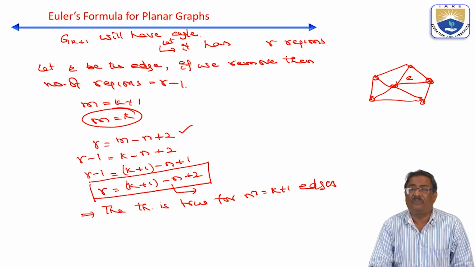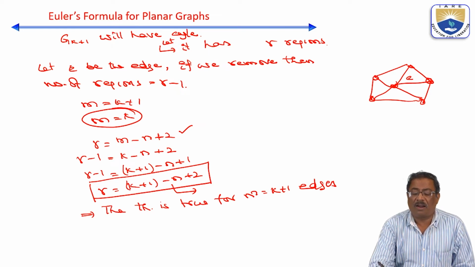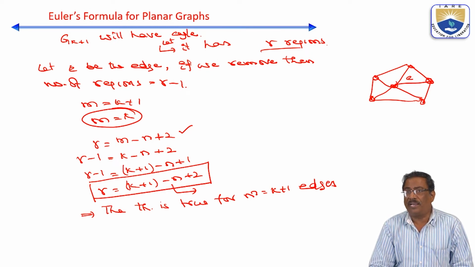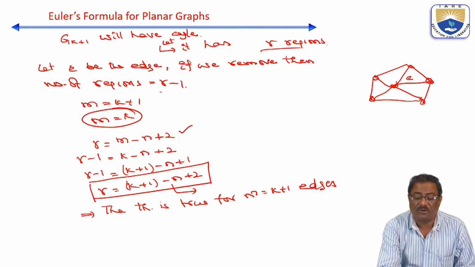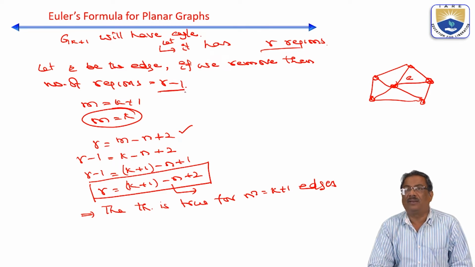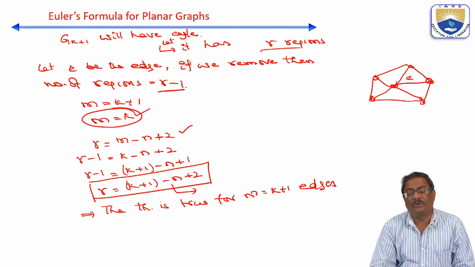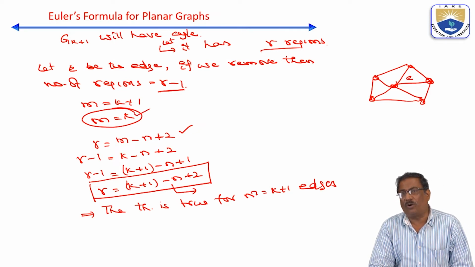And whenever it has cycles, let us assume that it provides r regions. Now if I remove one edge, the number of regions is r minus 1. Then the number of edges is k only.